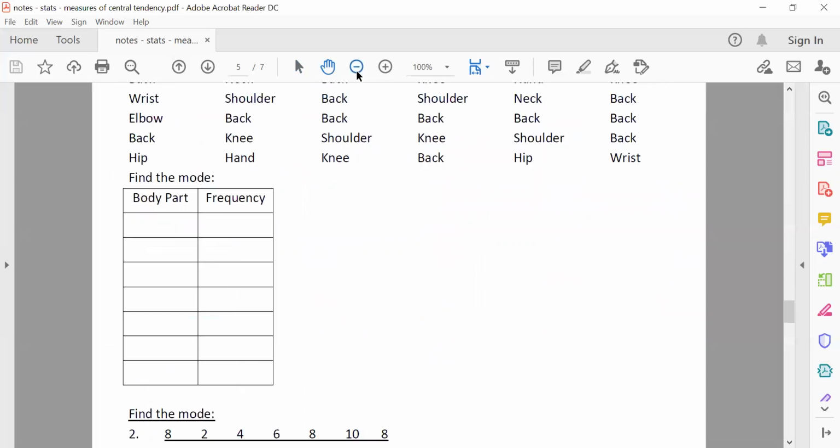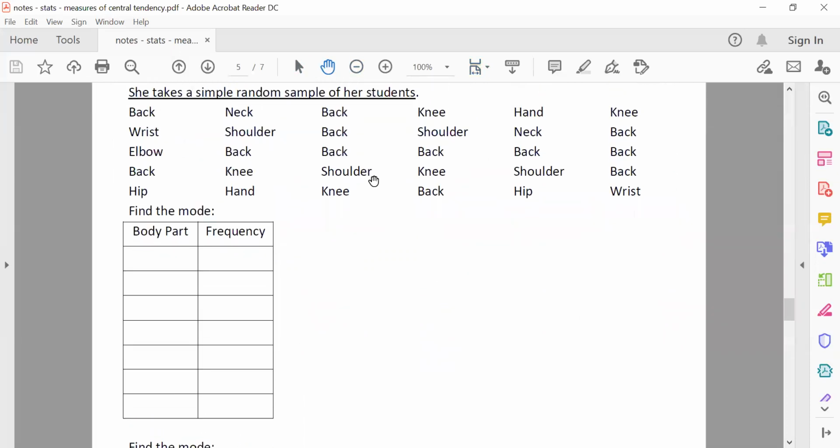If you recall, we looked at this information. The physical therapist was talking about her clients' most frequent complaints.